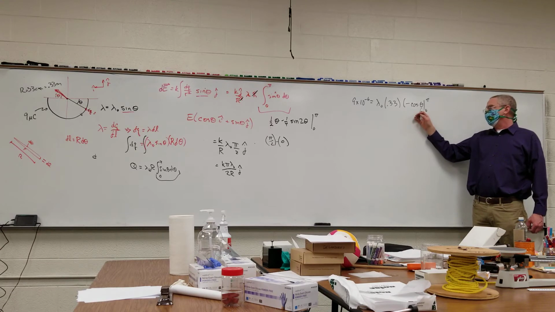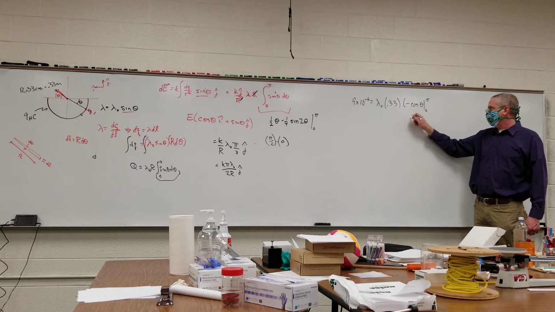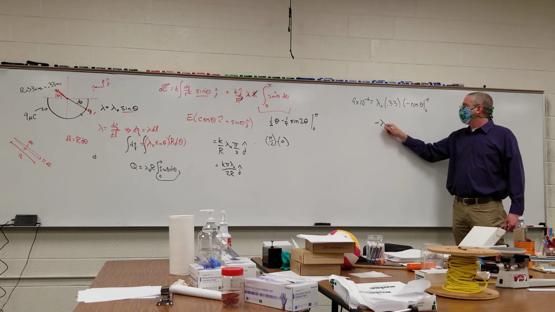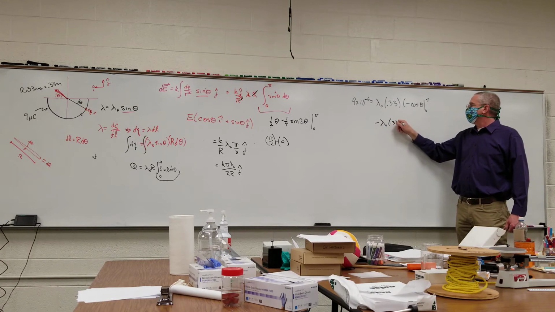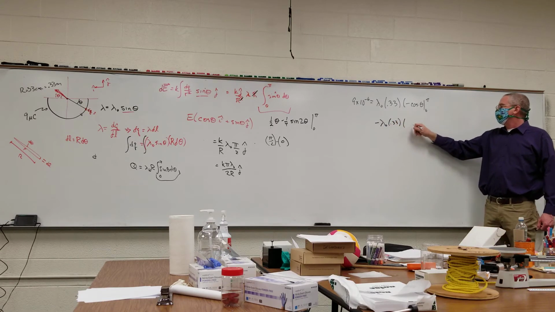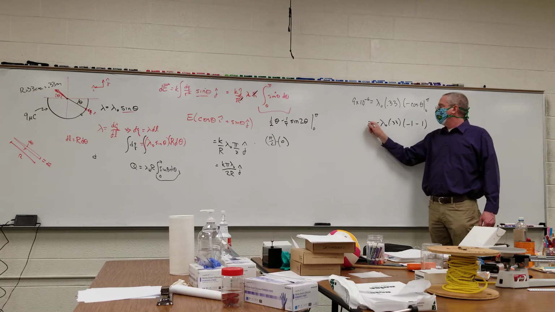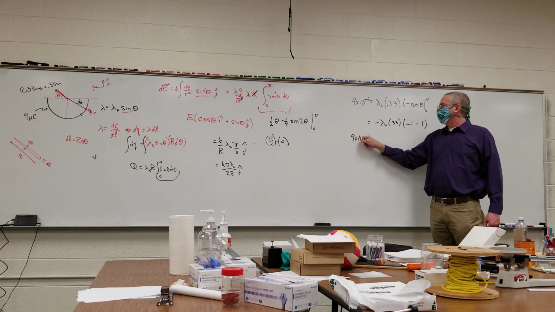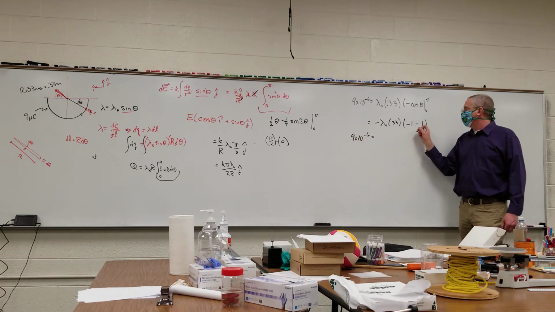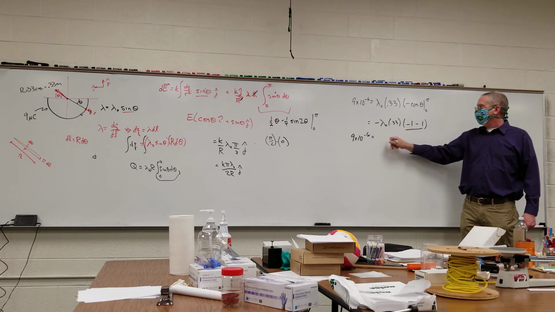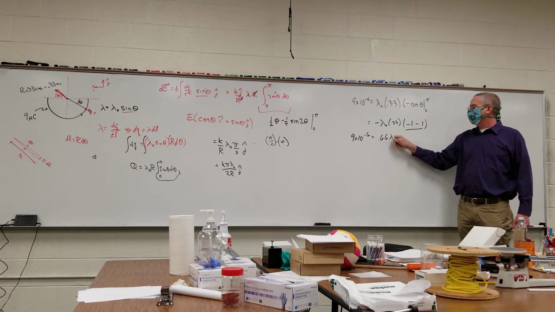Stick in pi, you get negative 1, or positive 1, so take that into account. Let's bring the negative out front: negative lambda sub naught times 0.33 times negative 1 minus 1. So I have 9 times 10 to the negative 6 is equal to negative 2 times that negative, which gives you 2 times that, so I have 0.66 lambda sub naught.